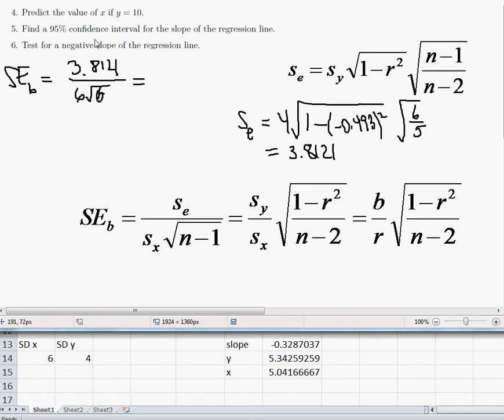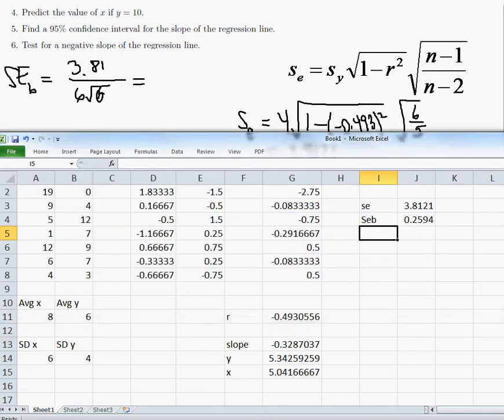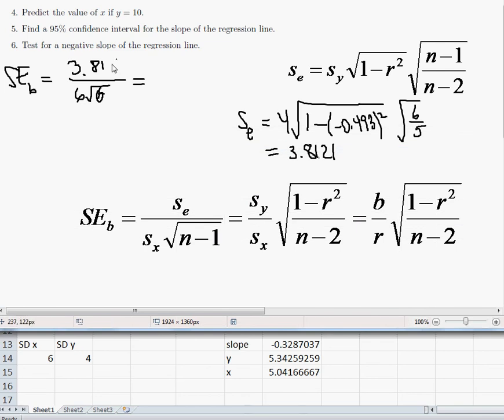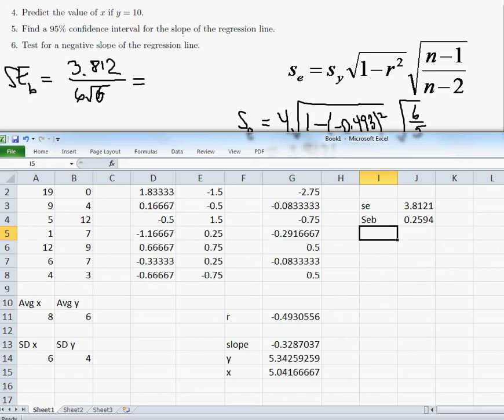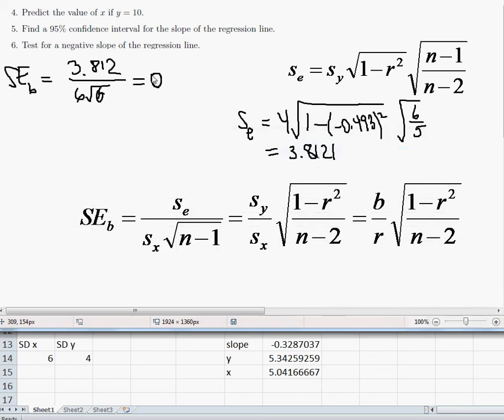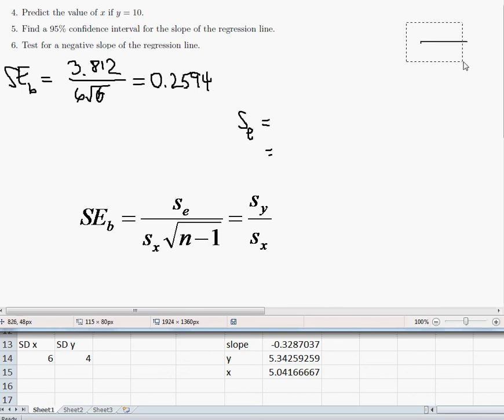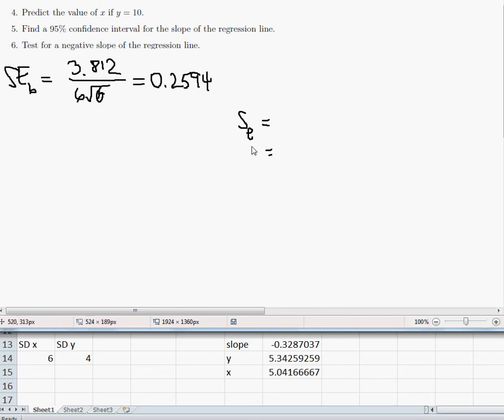So the standard error for the slope, and this number here, which was not a 4 but a 2, worked out to be 0.2594. And I'm not going to do it here, but you should get the exact same answer using either of these other 2 formulas. Okay, now that we have the standard error for the slope, let's figure out the 95% confidence interval for the slope.